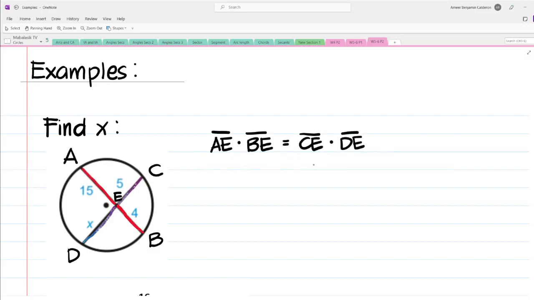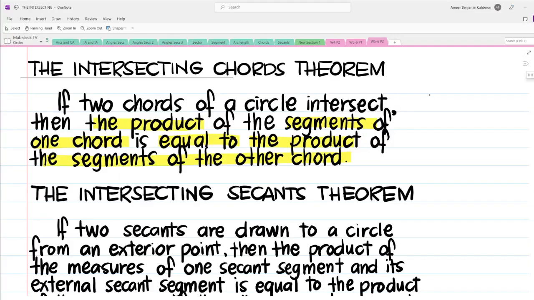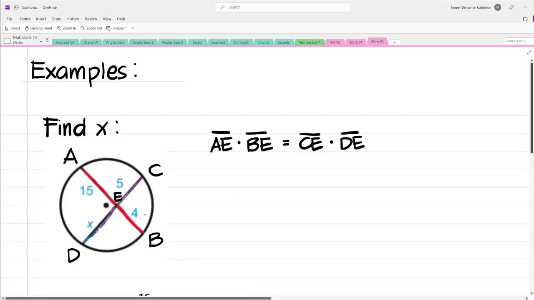After forming this equation, which is the intersecting chords theorem in equation form, let us plug in the values from the figure. This is 15 times BE, which is 4, is equal to CE, that is 5, and DE is x.